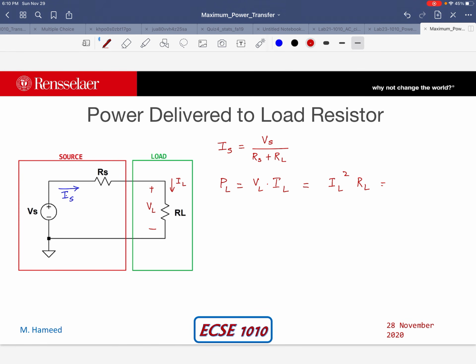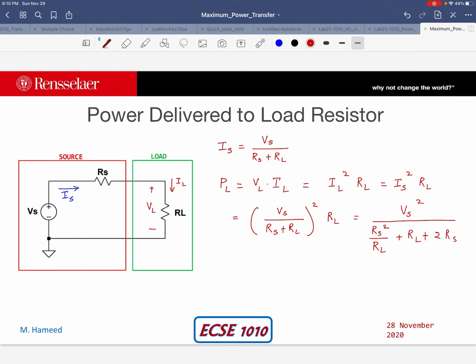Now I know Is is equal to IL, so I can rewrite this as Is squared times RL. And Is I have computed earlier, so this power I can write as Vs divided by Rs plus RL, squared, times RL. And if I rearrange a few things, I can rewrite this power as Vs squared divided by Rs squared divided by RL plus RL plus 2 times Rs.